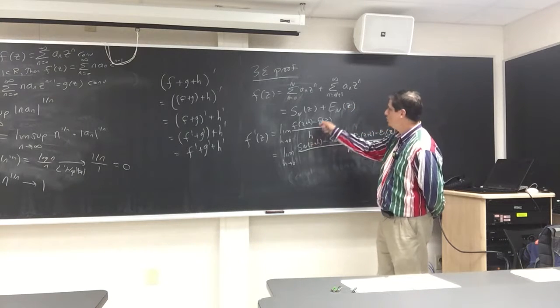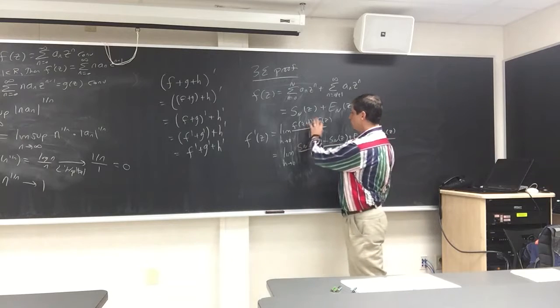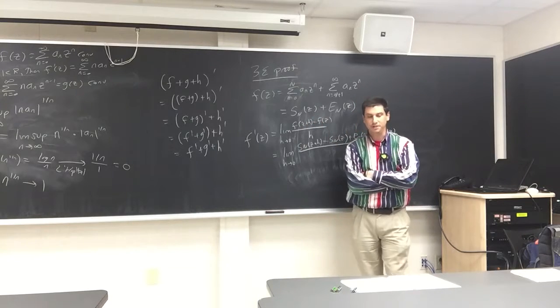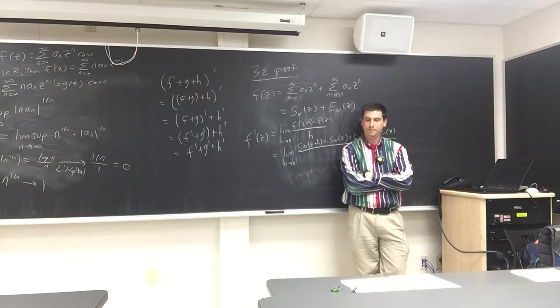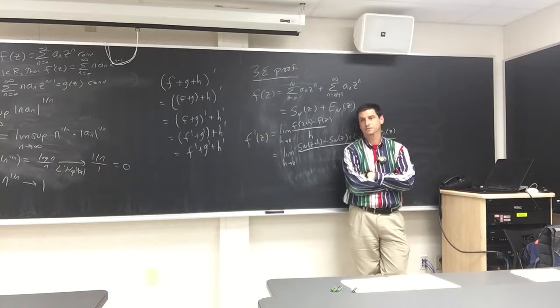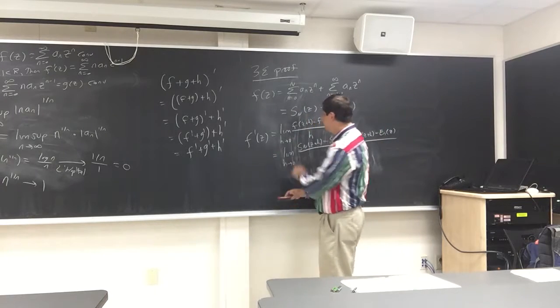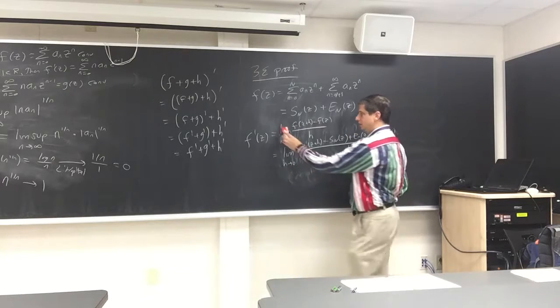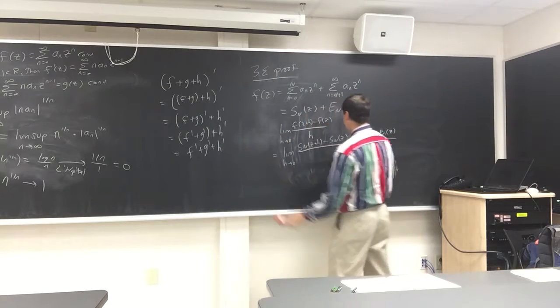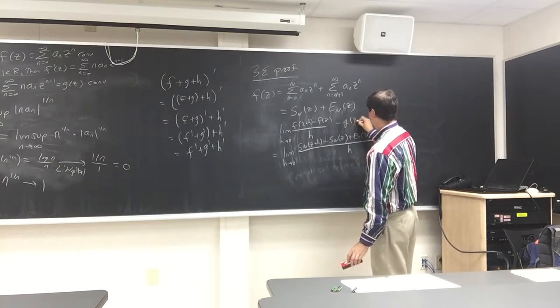So the question is, do we want to study this, or do we want to study this maybe minus G of z, and show that that's tending to 0? So this is the definition of the derivative. Since we think it should be going to G of z, let's subtract off G of z.